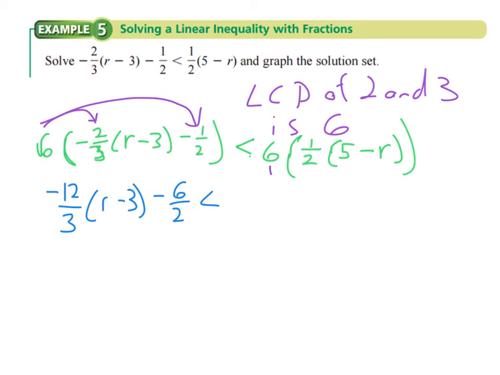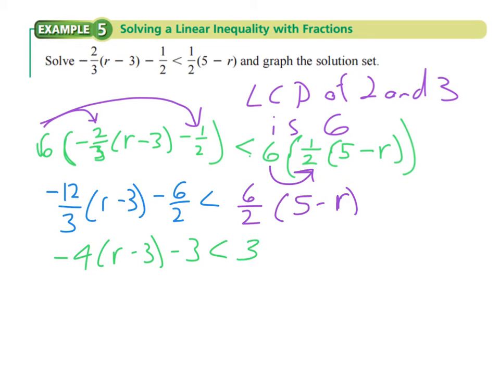Same sort of thing here, it's just going to multiply the half because this is just one thing here. So 6/2 times the 5 minus r. And you're probably thinking, why didn't he just say 3? But we've got to take care of this anyhow. So -4 times the r minus 3 minus 3 less than 3 times 5 minus r.